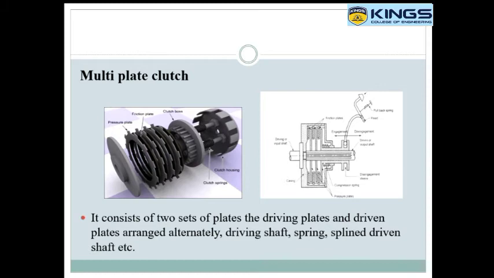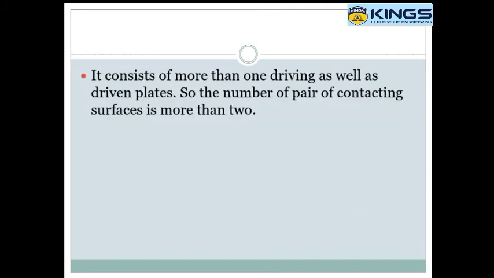Instead of the single plate, there are more friction plates. The advantages: torque transmission capacity is more, the size is small, life is more. For small torque capacity, the size can be taken small, and gears can be shifted quickly.